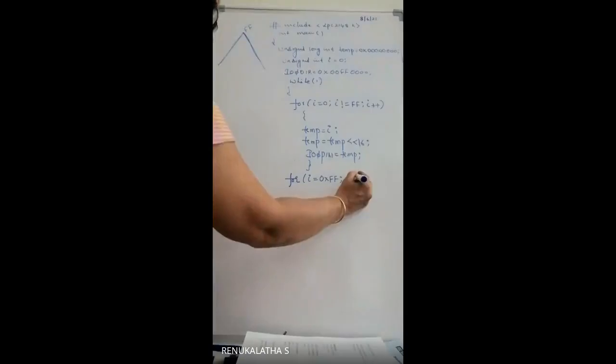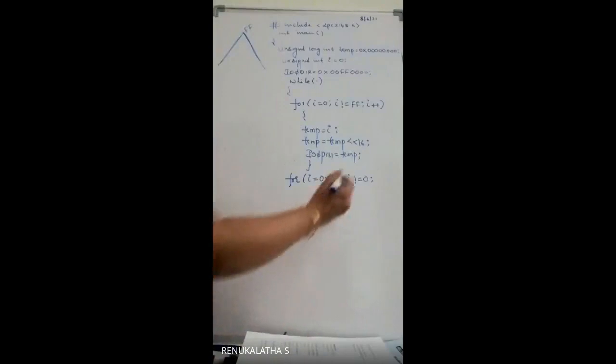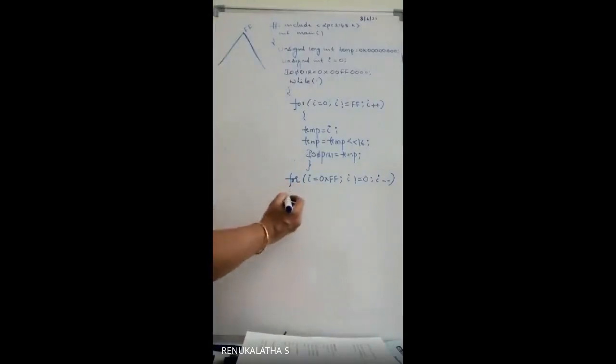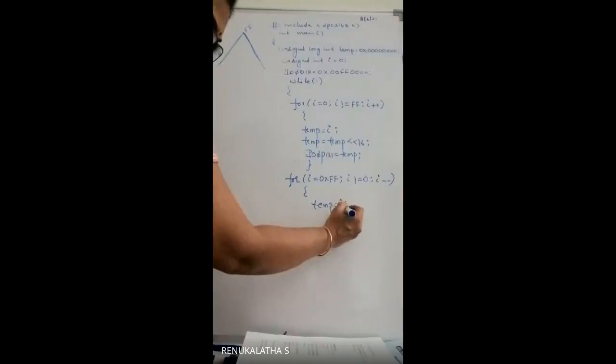Okay, I not equal to what? I not equal to 0. What should I do now? I minus minus. Okay. And then open this. Again do the same thing. Temp is equal to assign the value of I to a temporary location.